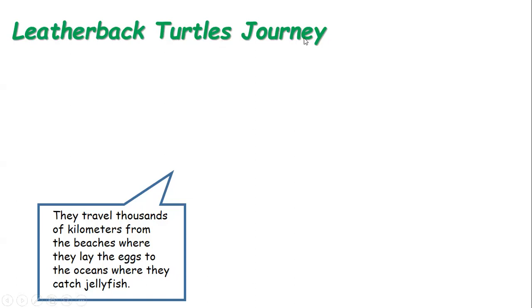It's going to tell us that this paragraph will give us information about the journey of the turtles. So they travel thousands of kilometers from the beaches where they lay eggs to the oceans where they catch jellyfish. So this paragraph includes information related to the subheading.